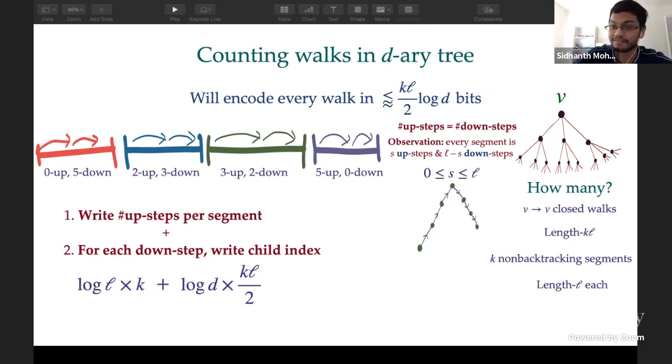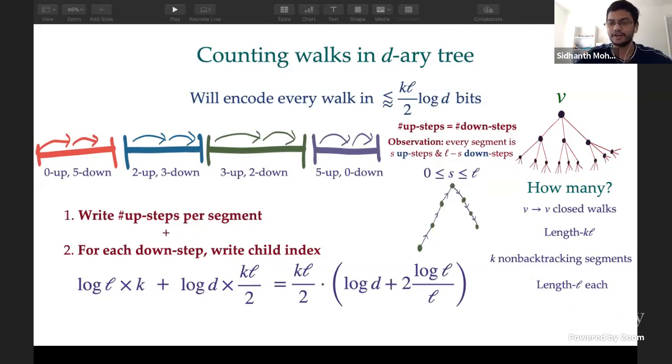And since half the steps of the KL steps are down, this accounts for log d times KL over 2. And actually, this log d times KL over 2 is the number of bits we wanted, but we have a bit of bonus. The surplus number of bits ends up being something pretty insignificant. You're paying only log L over L per up step. And that's the source of your savings.